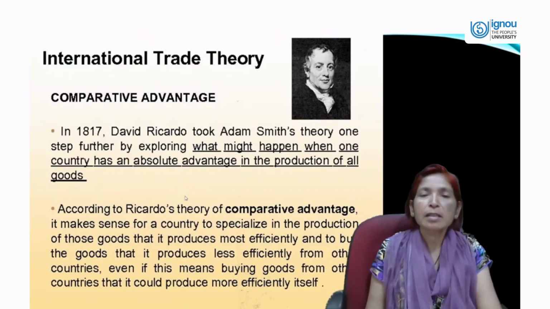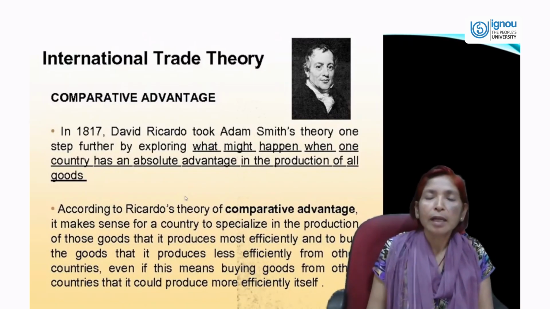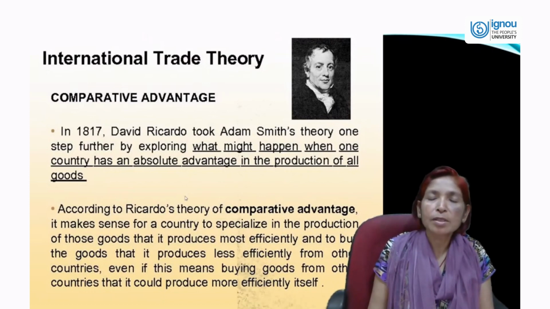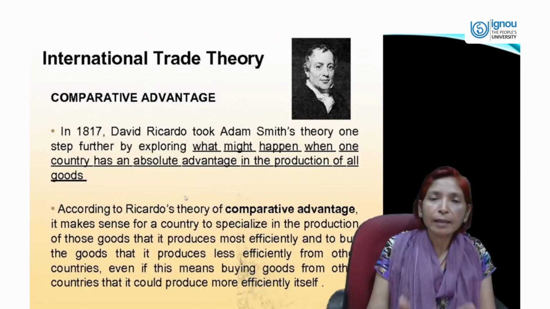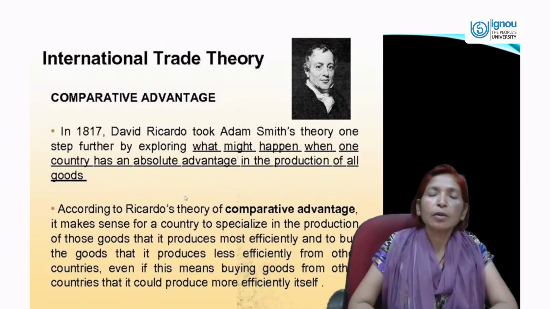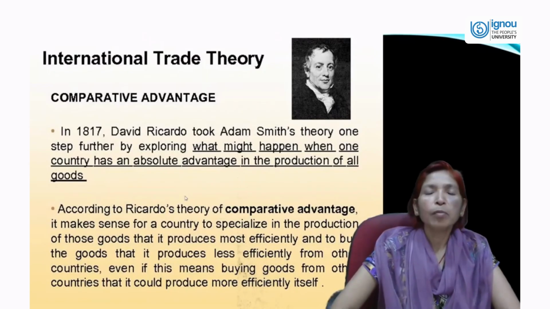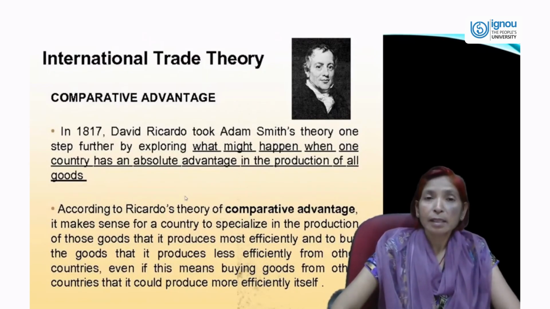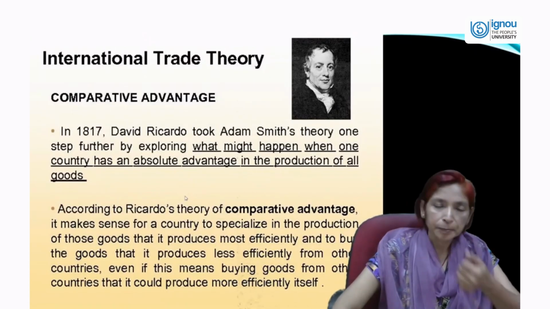If one country is able to produce both the commodities in larger quantity and the other country is able to produce both the commodities in lesser quantity, in that case, according to David Ricardo, both countries will enter into international trade and both will do exports and imports, and they will get advantages through this international trade.